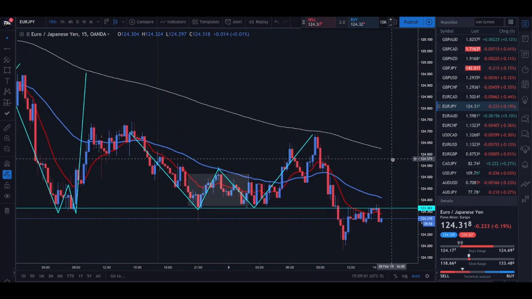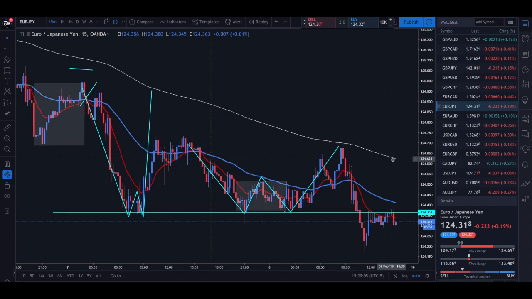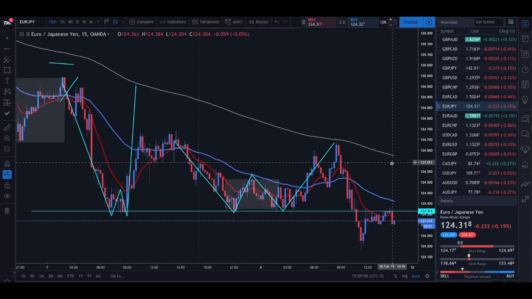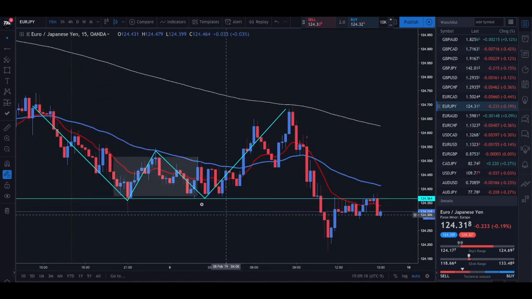All right, so Euro JPY is very interesting because the first initial trade was here, right? It was a type 2 setup, and it was a nice W pattern. Here's the messy part about this trade: yes, there was a W here, but look at all this mess here.